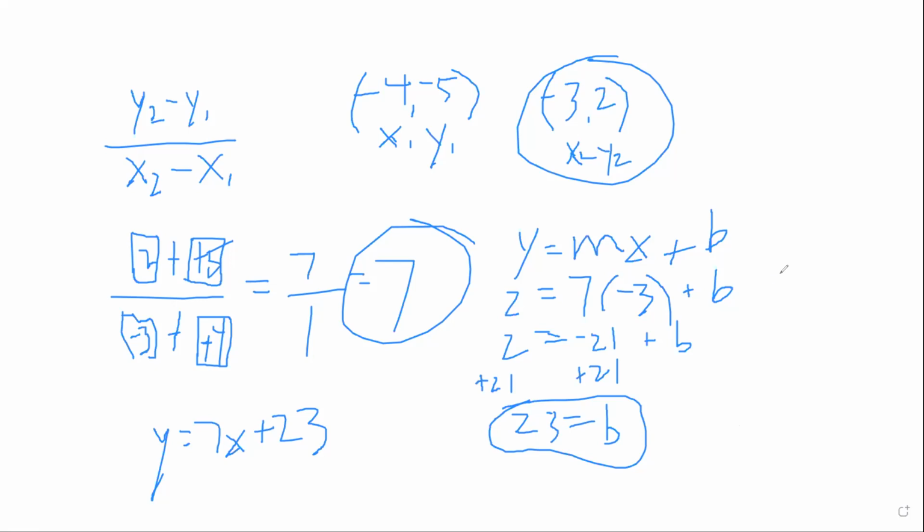I'll do it anyway. -5 equals 7 times -4 plus B. -5 equals -28 plus B. I'm having a hard time writing with this today. Now I'm going to add 28. And I still get 23 equals B.